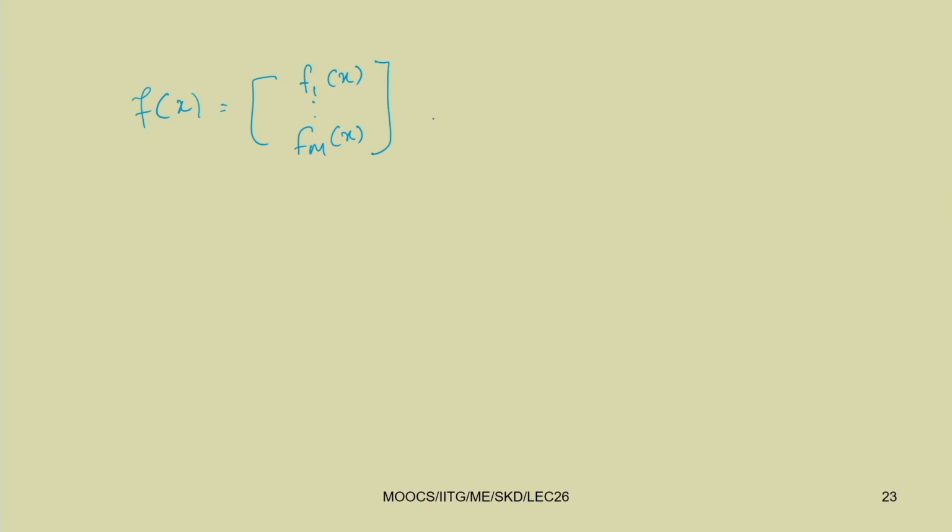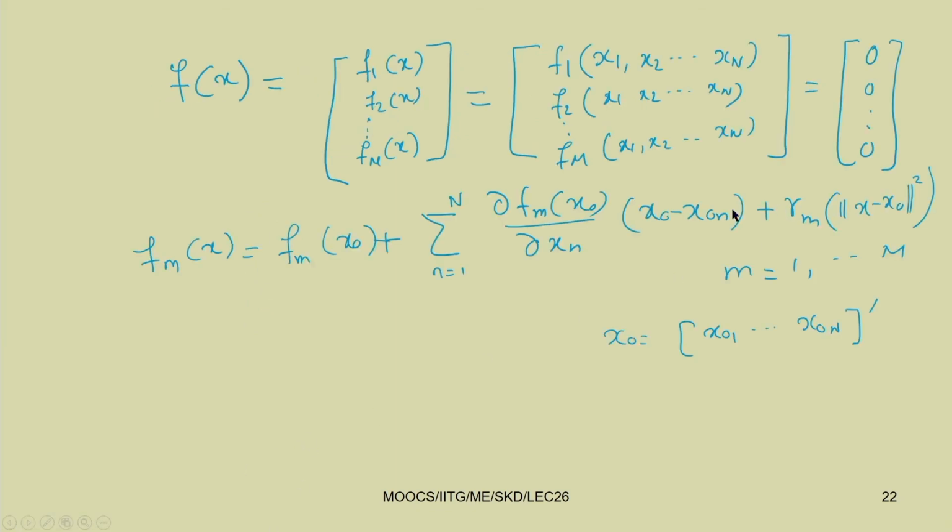This will be equal to f 1 x 0, f 2 x 0 and f m x 0, so we are expanding near this x 0, plus the differentiation terms which we have written here. This is the differentiation of this part.